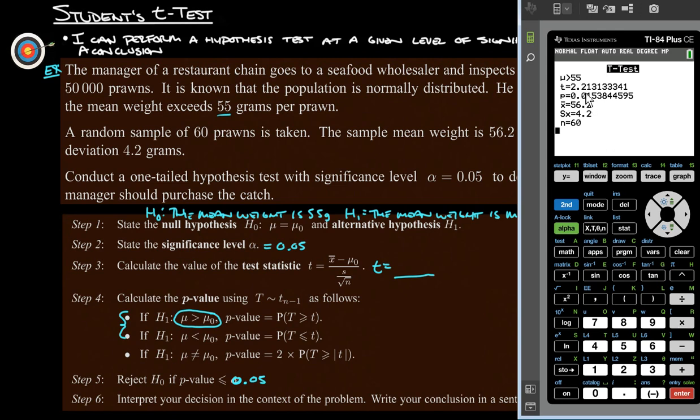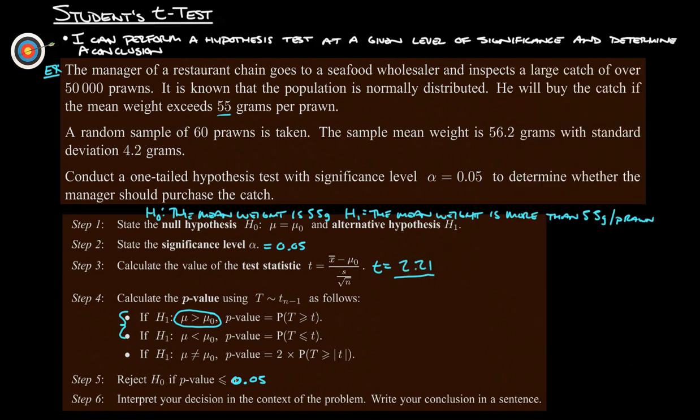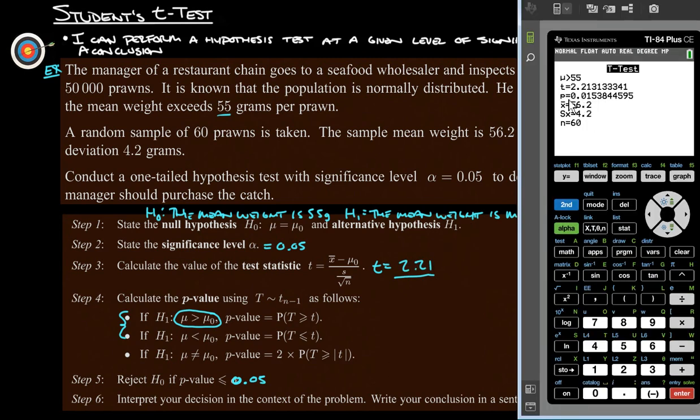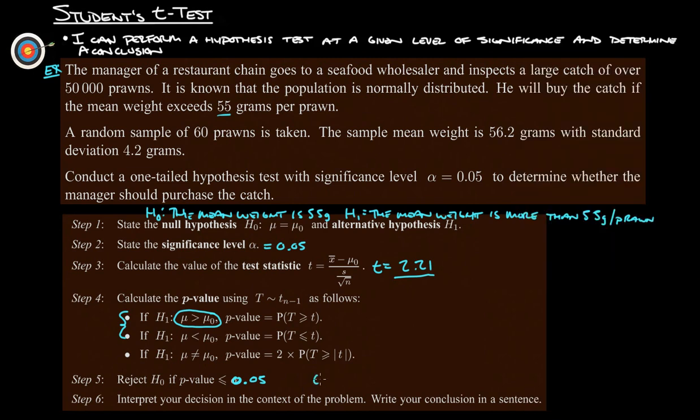There we go. Our test statistic is 2.21, and our p-value is 0.015. Is that less than or equal to 0.05? It says right here, reject H0 if the p-value is less than 0.05.